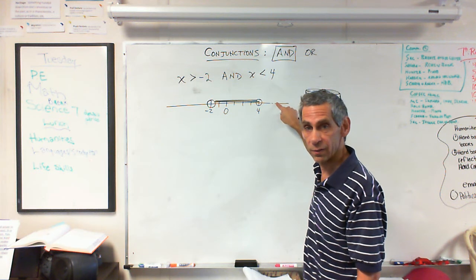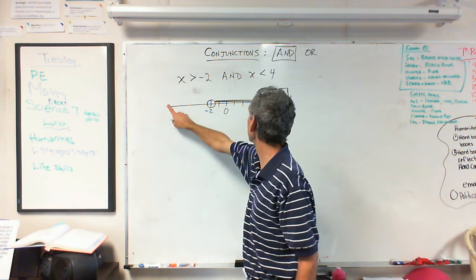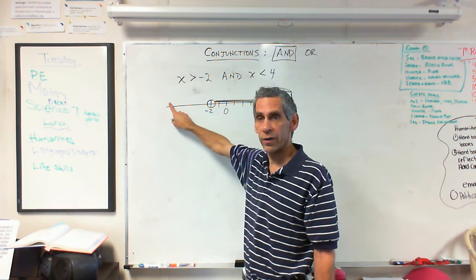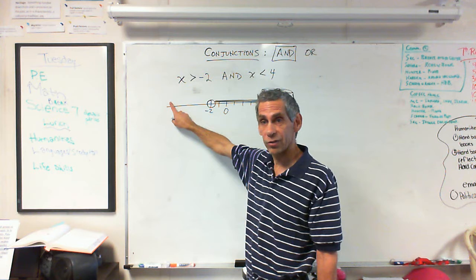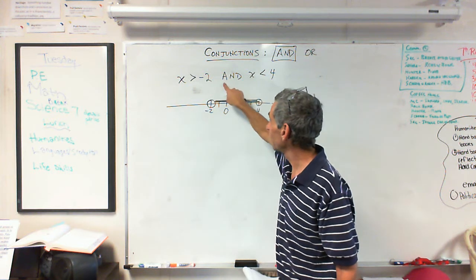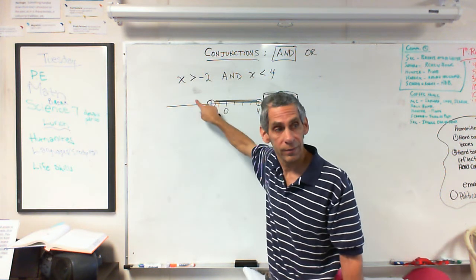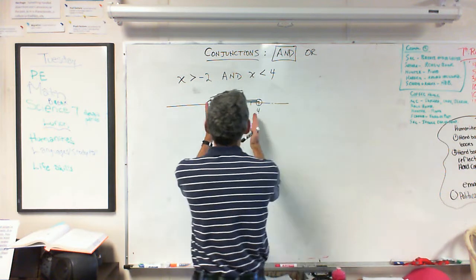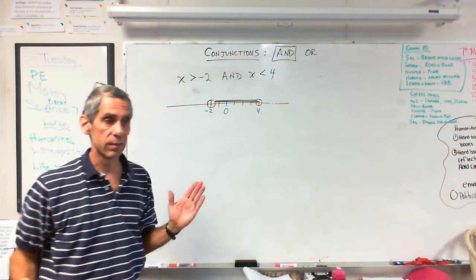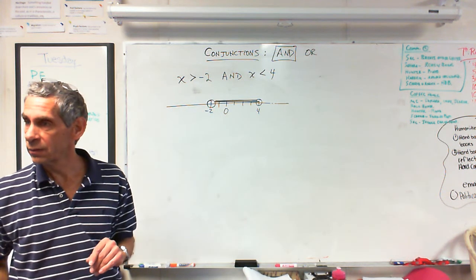Here, x is definitely less than 4, but it's not greater than -2, so it's not a solution. When you use the word "and," both of them have to be true in the solution set. So the solution set is from here to here. That's it. Does that make sense?